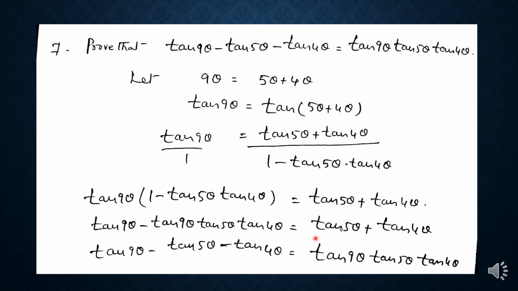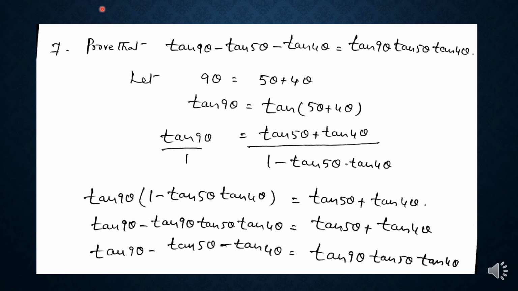So by writing these two terms in the left hand side, this becomes tan 9 theta minus tan 5 theta minus tan 4 theta is equal to this term, minus tan 9 theta tan 5 theta tan 4 theta becomes plus tan 9 theta into tan 5 theta into tan 4 theta.